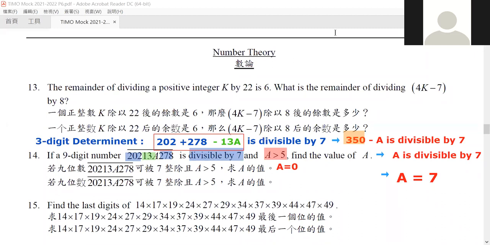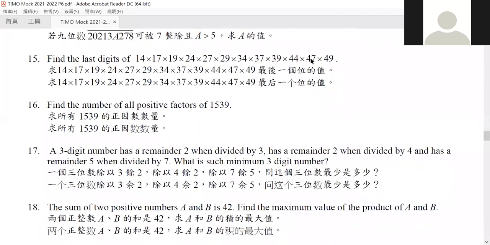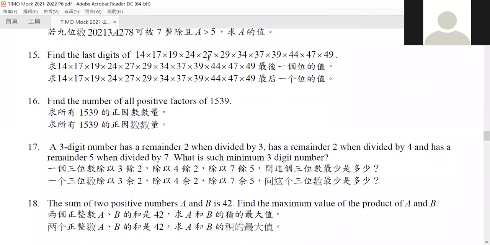Now let's go to question 15. Find the last digit of this multiplication. Now this is very difficult, but we know that the last digit is only affected by the last digit of each of these terms.